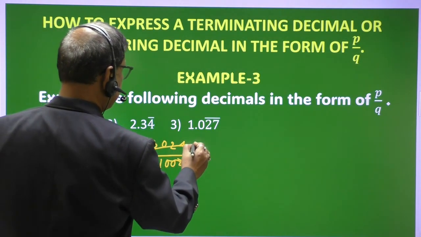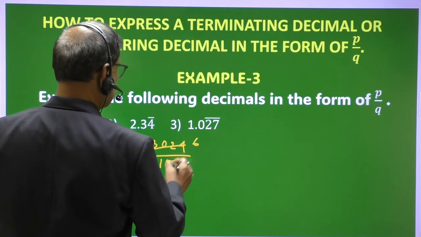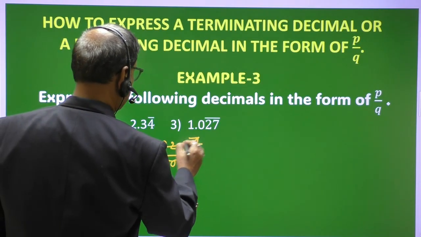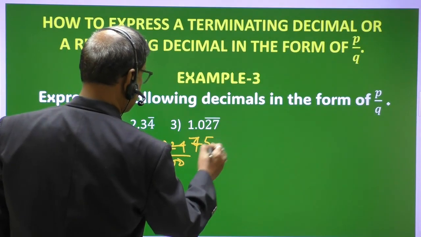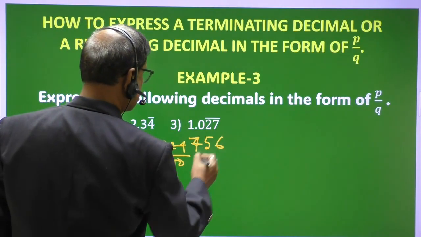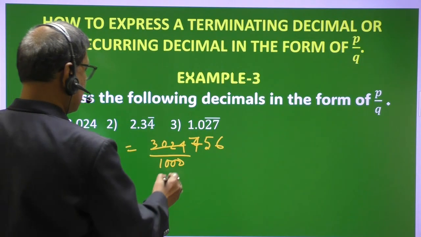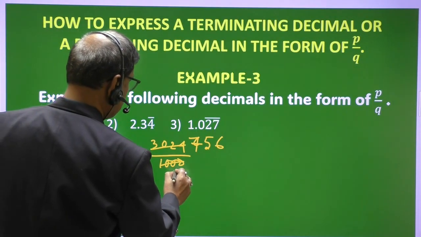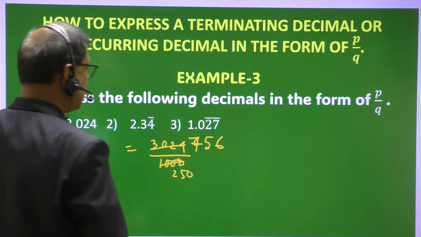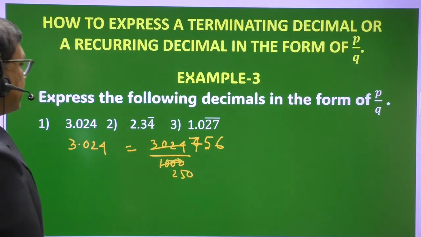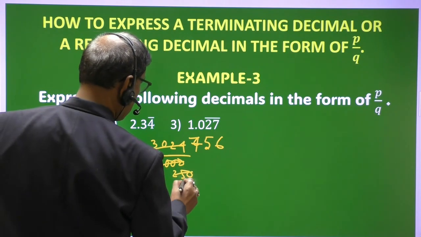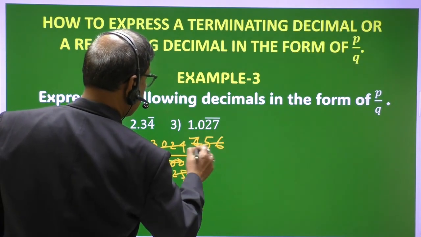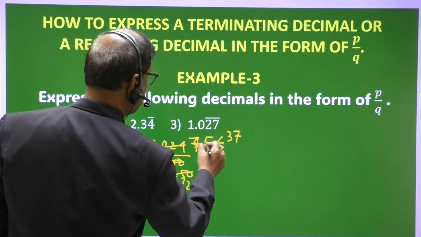Cancel by 4: 4 7s are 28, 4 5s are 20, and 4 6s are 24, so 756 upon 250. Again we can cancel by 2 and it will be 378.